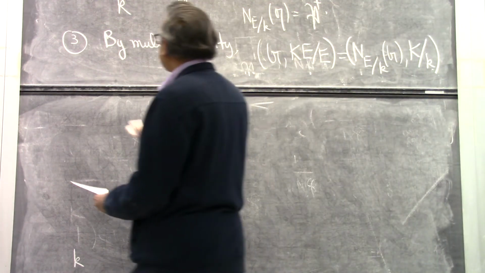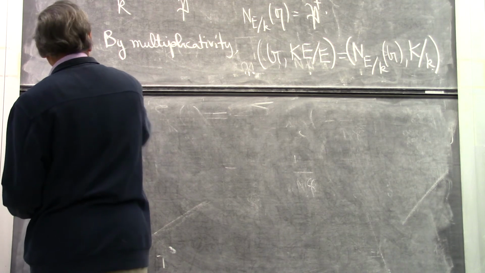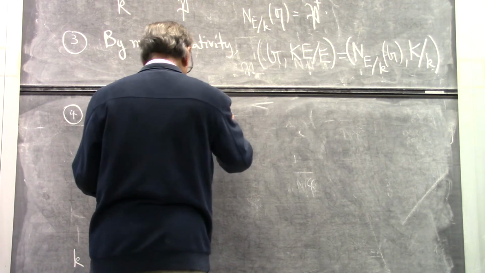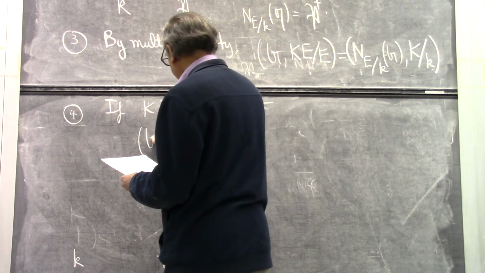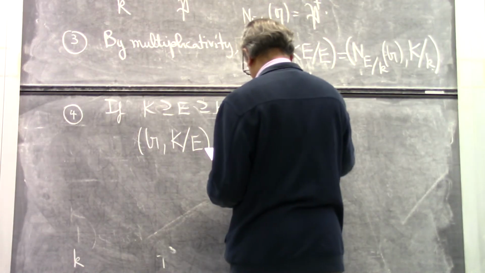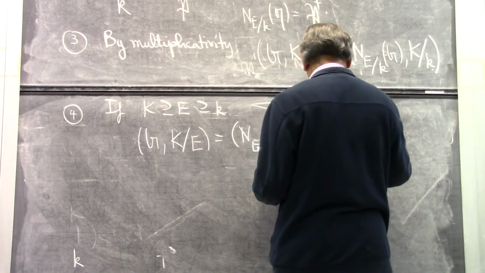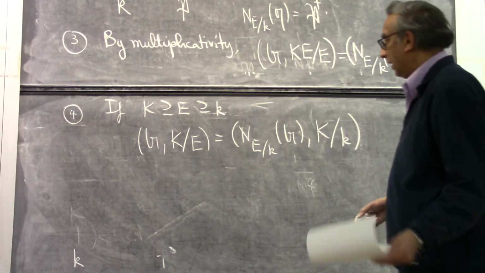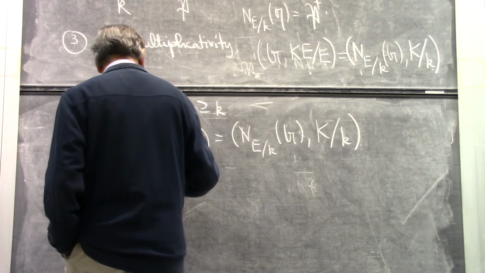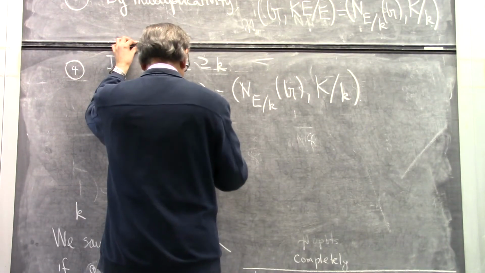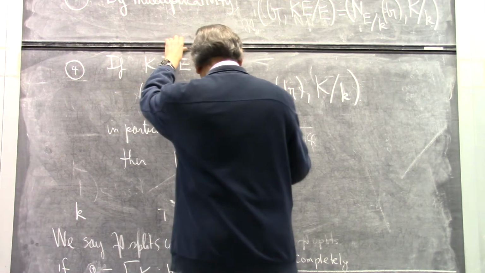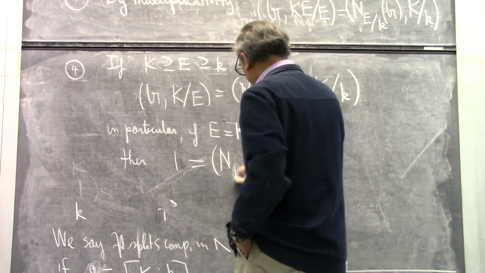And so as a consequence of 3 now, if capital K contains little e, capital E contains little k, then the Artin symbol of B for K over E is the same as the Artin symbol of the norm. So in particular, if capital E equals k, then 1 equals the Artin symbol of the norm from capital K to little k.